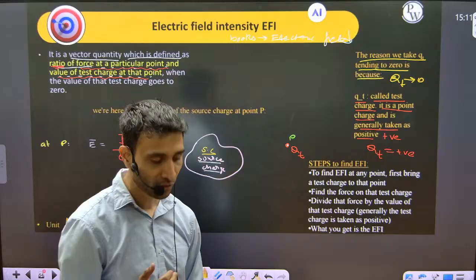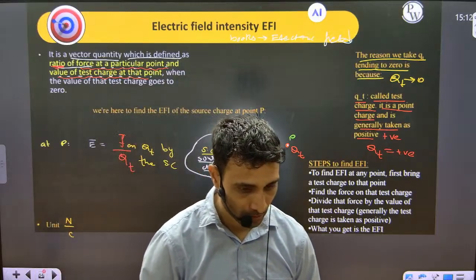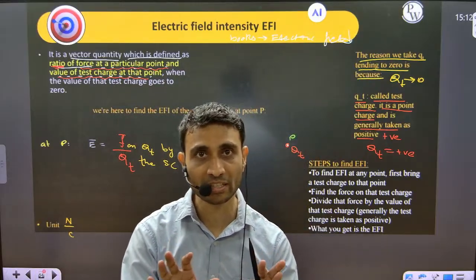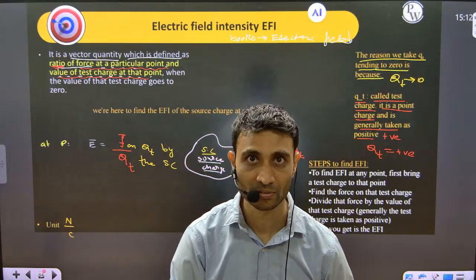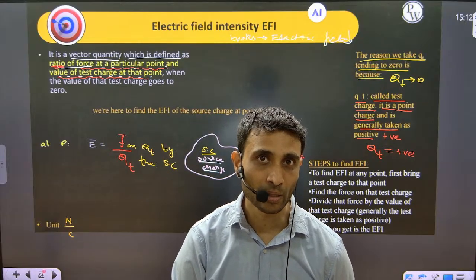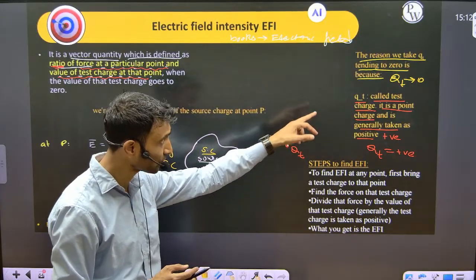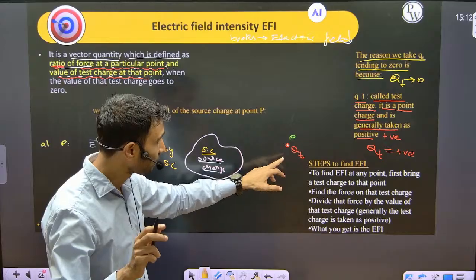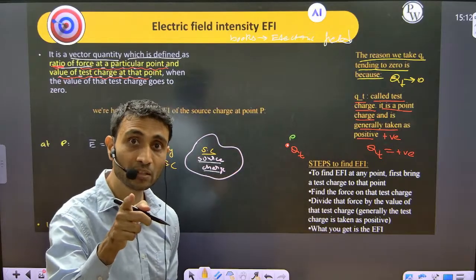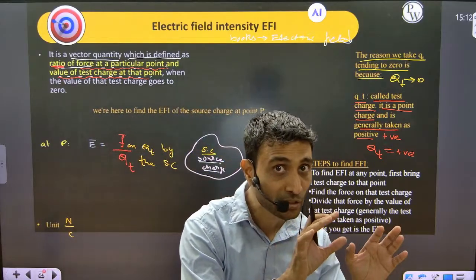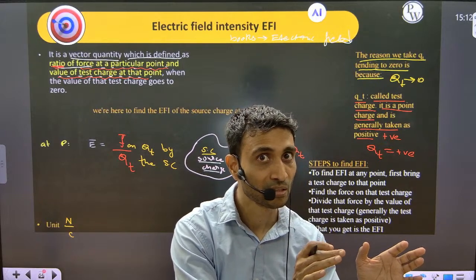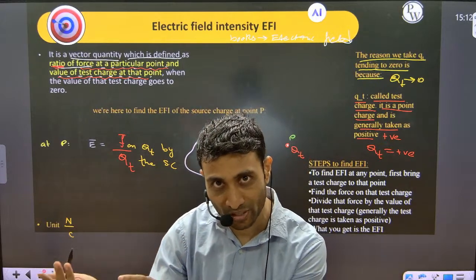Why the wrong electric field? Because I wanted to measure the electric field of the original source charge. But unfortunately, due to the presence of QT, which is so strong, it will destroy the very original source charge whose electric field I wanted to measure in the first place.